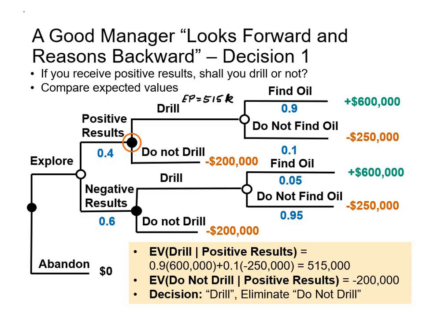And then we would have to calculate the expected payoff of not drill given a positive result. So then we just lose 200,000. There's really no probability involved.